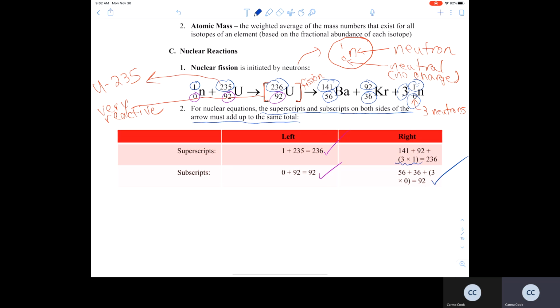So 3 times 1, which is 3. So 3 plus 92 plus 141 gives you 236. So that's what it means by having a balanced nuclear reaction. The sum of the superscripts and the sum of the subscripts on the left and right-hand sides of the arrow must be the same.